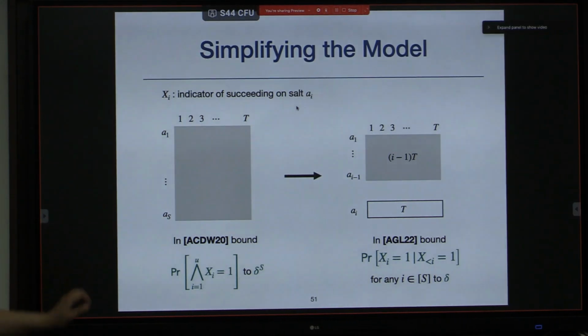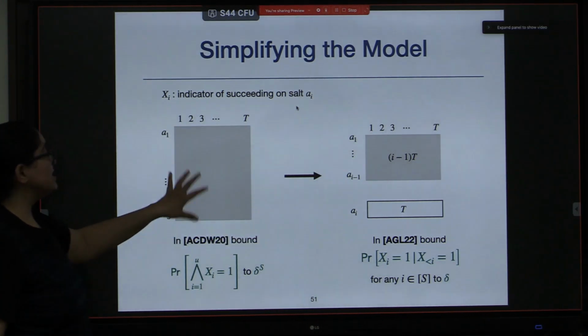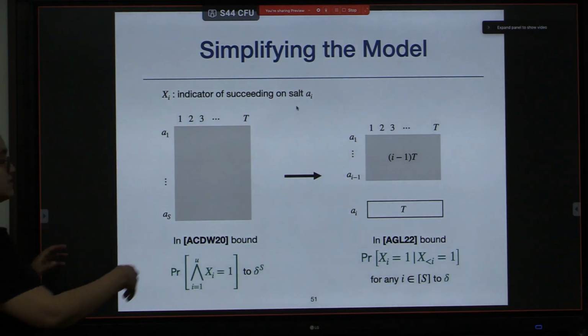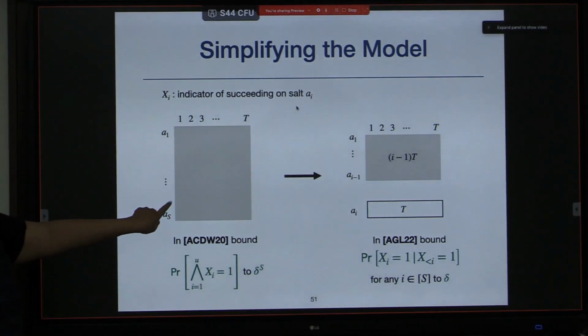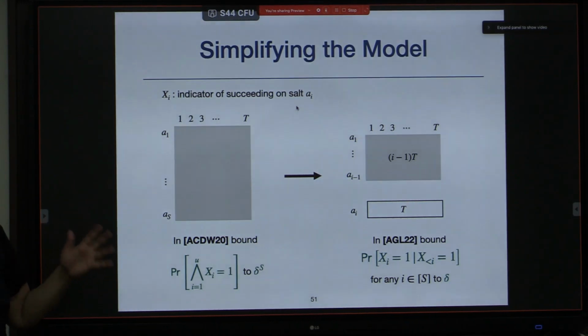There is a reason why we could do better when we look at the model this way. Here we had to use compression, because we have adaptive adversaries, and there is a technique called compression based proofs.